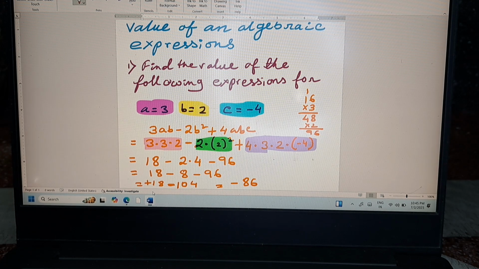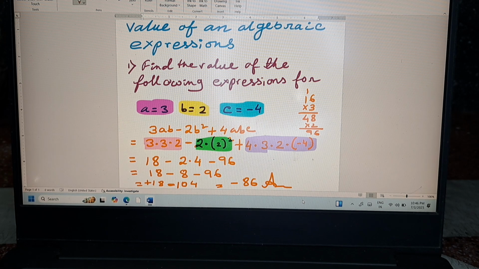So if you subtract, the result will be 86, but the sign will be minus, because with 104 we can see the sign is negative. So the final answer is minus 86. With the help of these sums, today we have learned substituting the values of different variables in an algebraic expression.